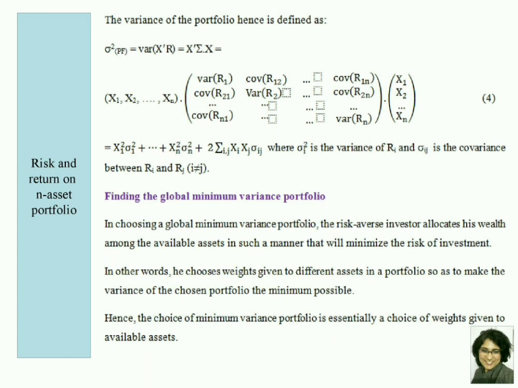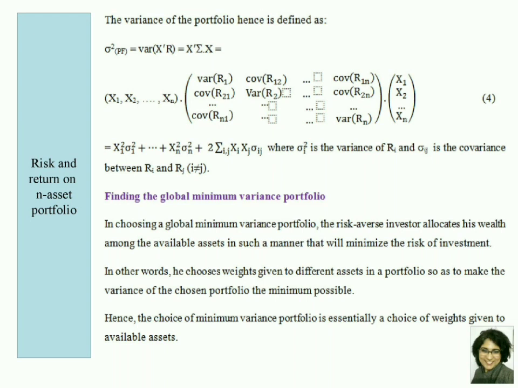Therefore, the variance becomes x1 square sigma 1 square plus etc. plus up to xn square sigma n square plus the covariance terms. So given this, we can find out the global minimum variance portfolio.